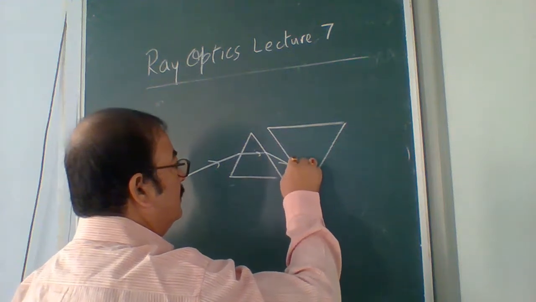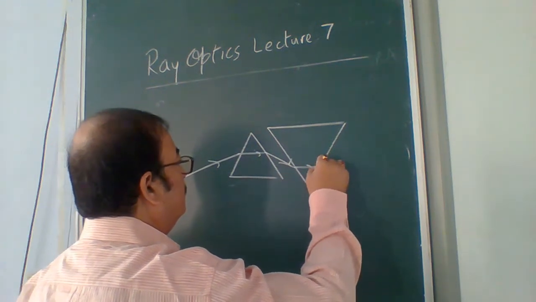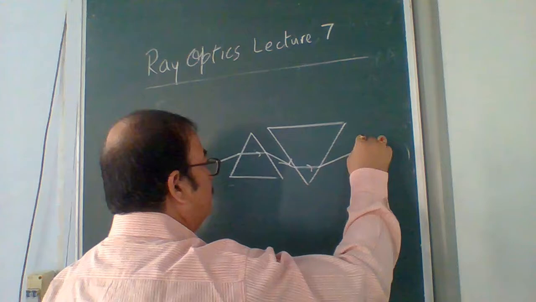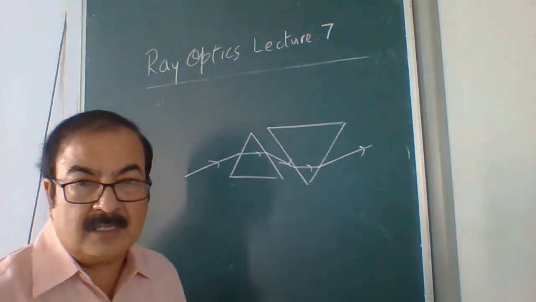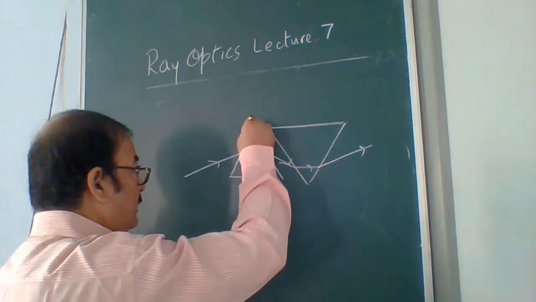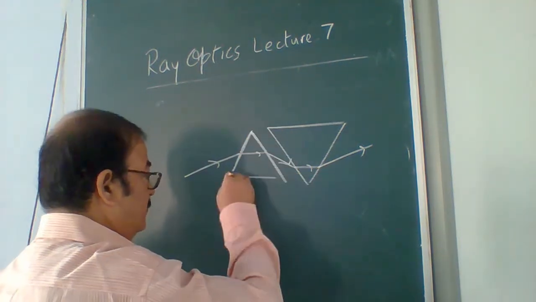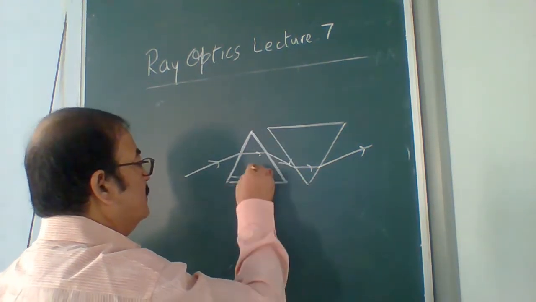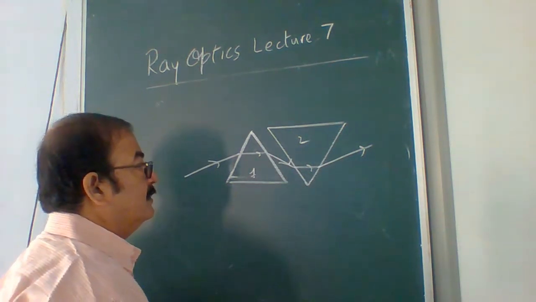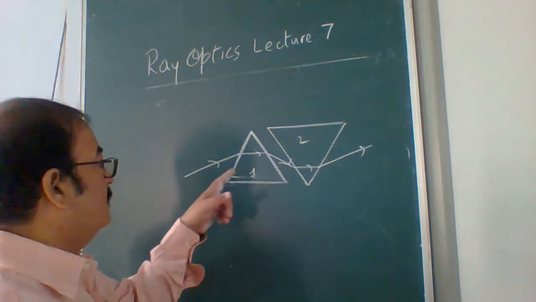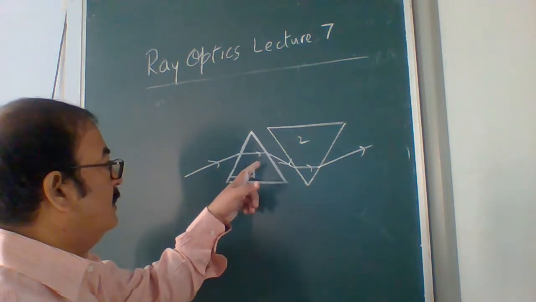Then this will be the emergent ray like that. ठीक है, तो एक इंसिडेंट रे, this is prism 1 and this is prism 2. We can see the diagram will be like this, and this is the incident ray for this prism, and this is the refracted ray in this prism.